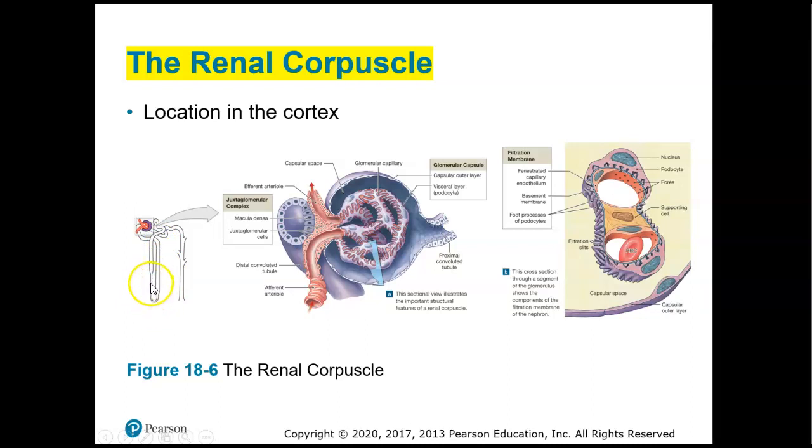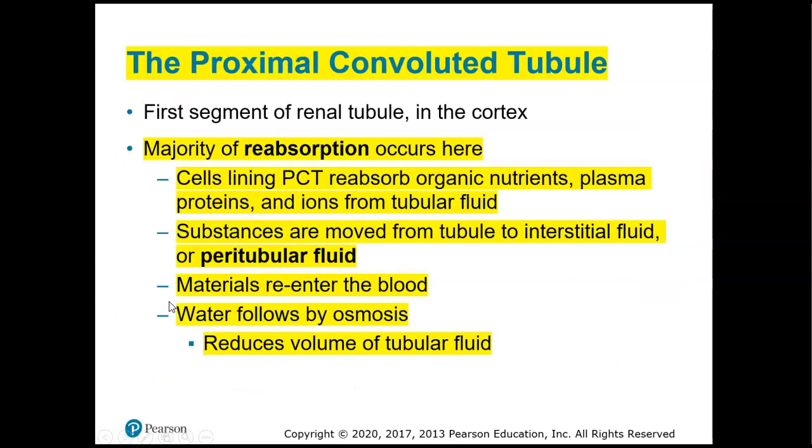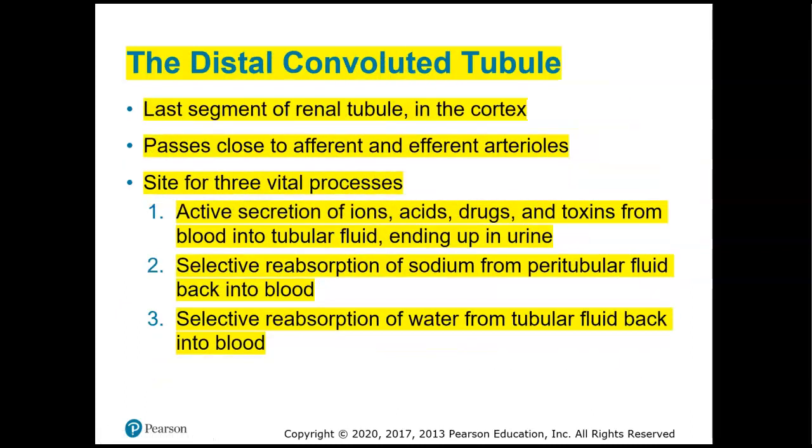Then as you go up, water can't leave, but sodium and chloride ions are pumped out, so the fluid is less concentrated the further up that you go. But the purpose in general of the nephron loop is to concentrate the urine.